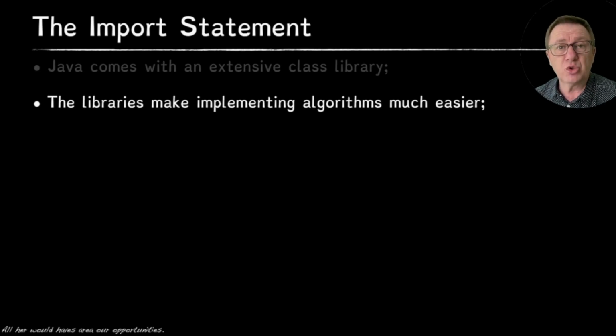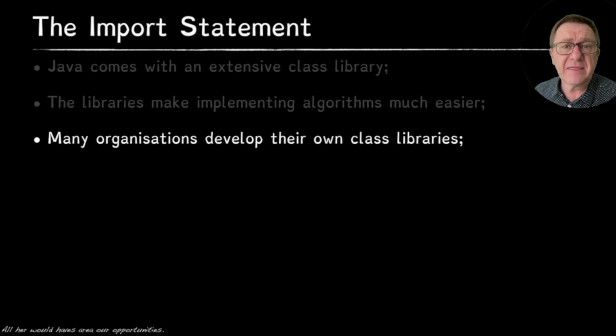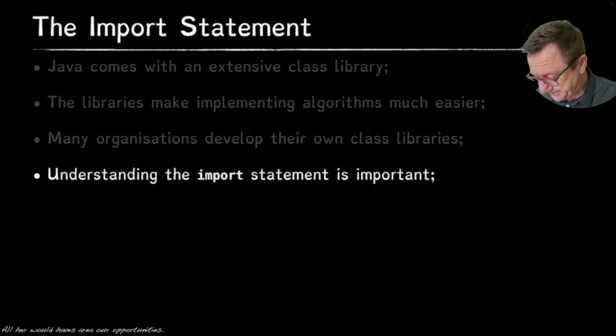We can just use the code that they have provided within the libraries. Okay? You can develop your own libraries and companies do that. And then they pass those around. And the reason companies develop their own libraries is because they have specific ways they want things to be done. So they develop their own libraries.